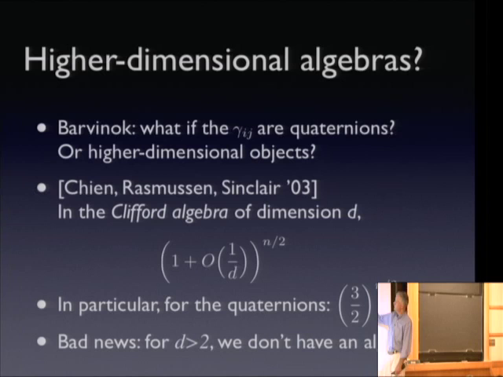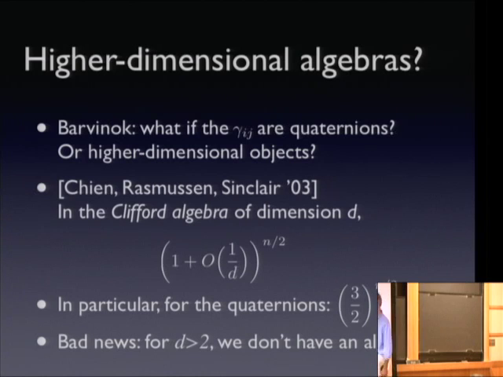Okay, so Chen, Rasmussen, and Sinclair then took us to the next level. They worked inside an algebra I'm not going to describe, called the Clifford algebra, which is a generalization of the quaternion algebra. And they show, sure enough, as you turn up the volume, as you turn up the dimension, the critical ratio gets better and better.